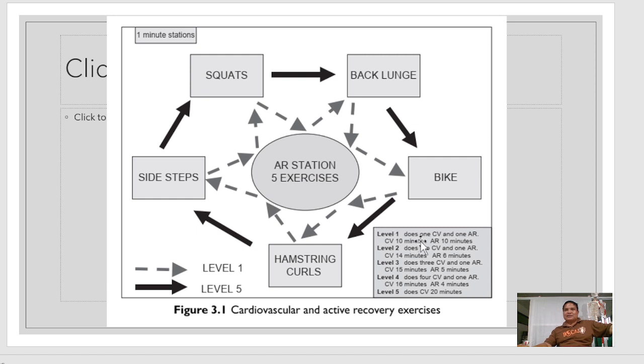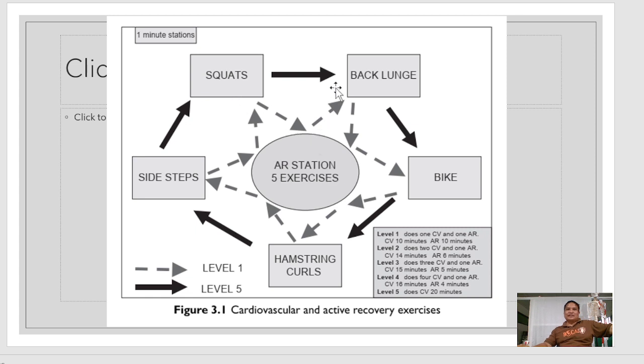So, number level 1 does 1 CV and 1 ER. That is active recovery ni cardiovascular exercise ang CV. Sabot pasabot ER station, this is activity station.